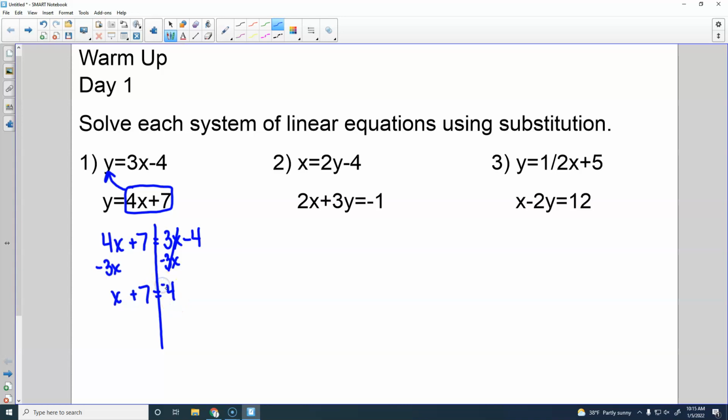It'll be a -4, and then we would subtract that 7. So x would equal -13. Oh, sorry. Testing to make sure you're paying attention.